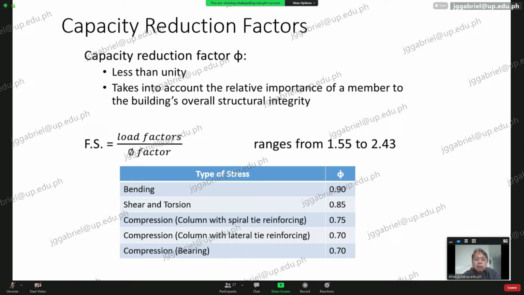You magnify the force, you reduce the capacity. And therefore, what should be the result? Anyone? Your expected result would be a safer structure. That's what the S here stands for. S, safety. You should have a factor of safety.